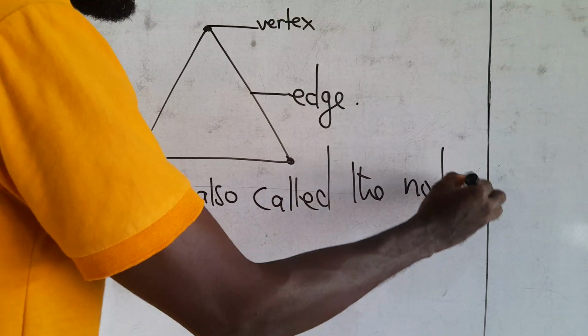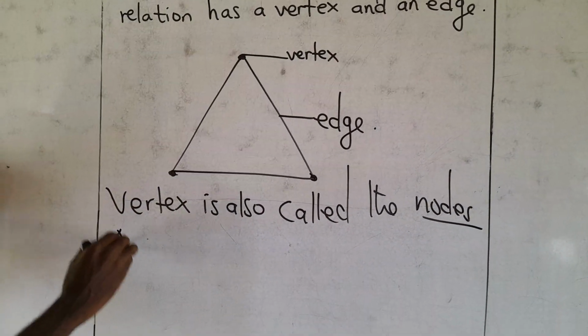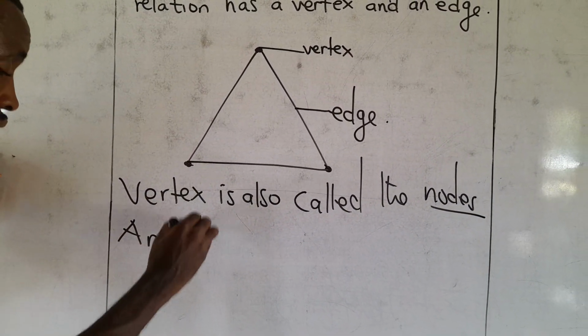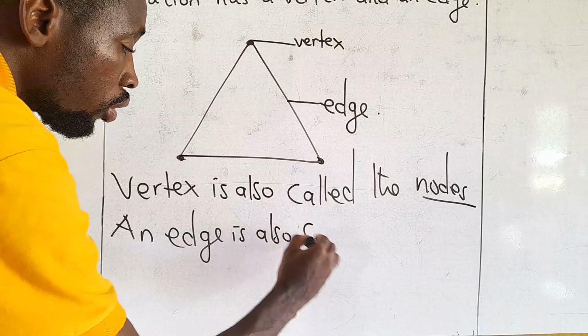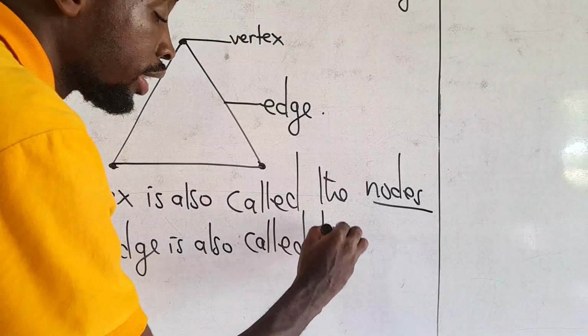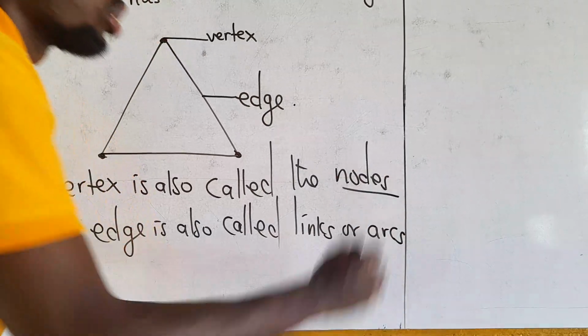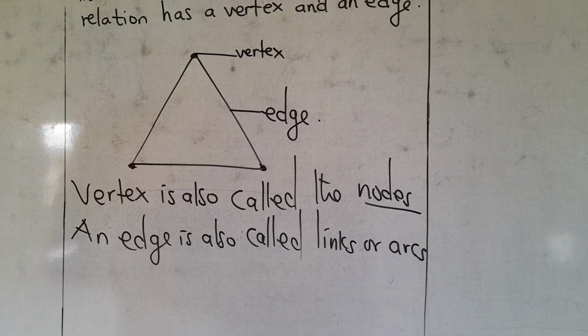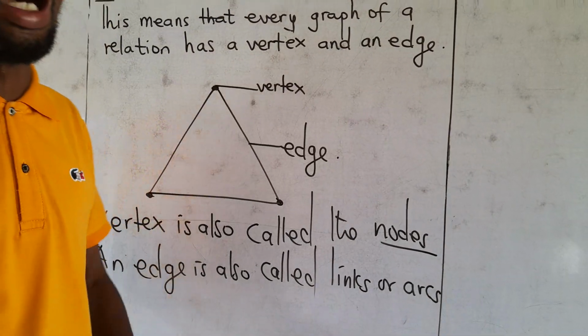So take a very good notice of it. A vertex is also called the node. Then an edge is also called links or arcs. So a vertex is also called a node and an edge is called links or arcs.